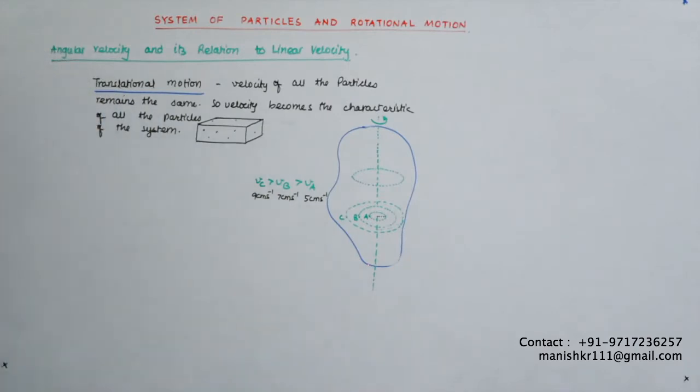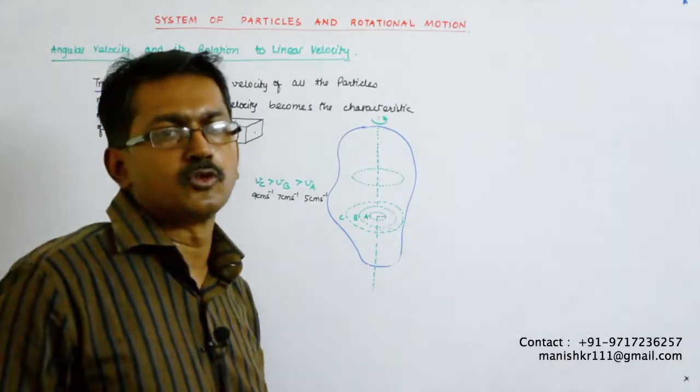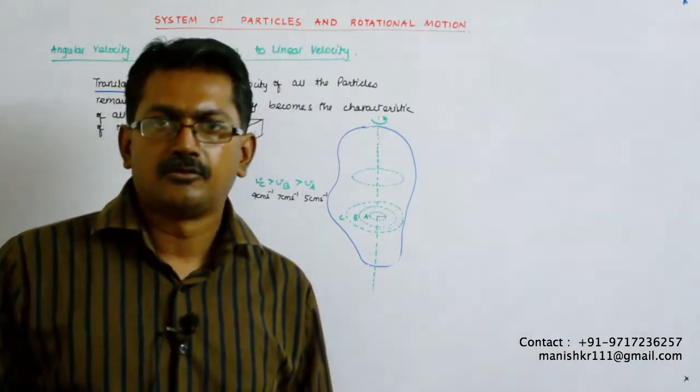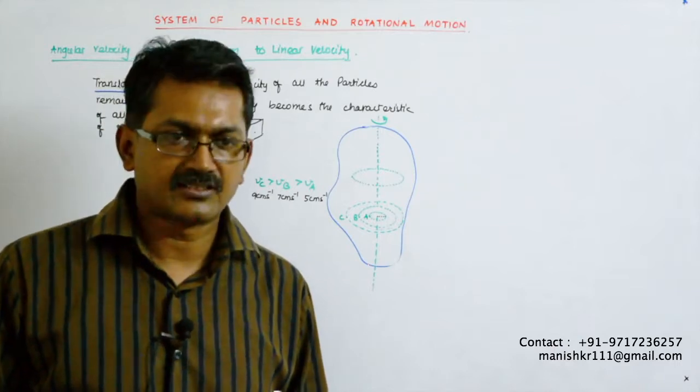So the way we have been defining velocity for our translational motion does not hold good for the rotational motion. Do we understand that?